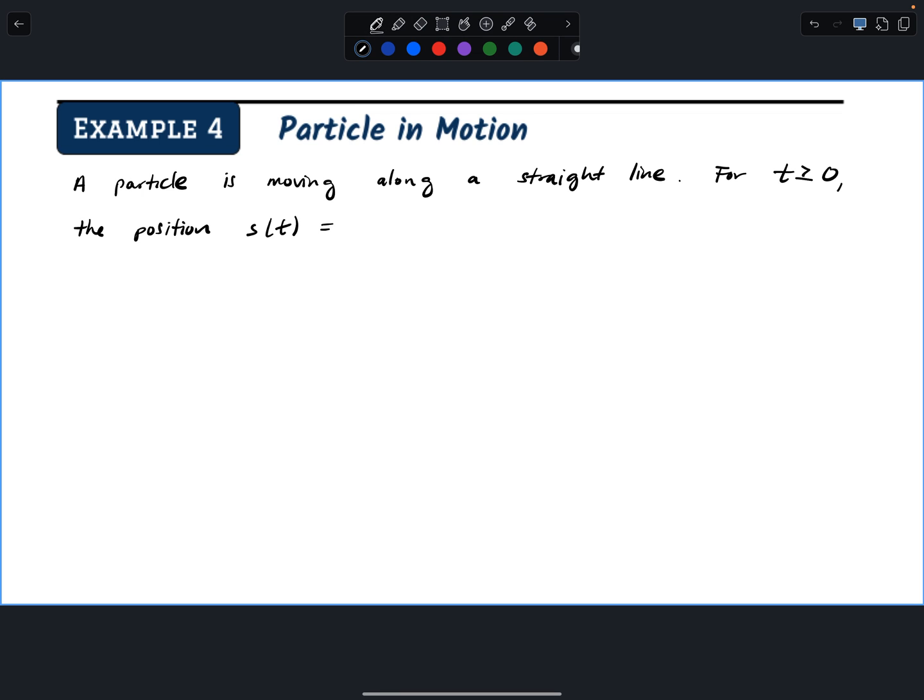This time it's s. t cubed minus 6t squared plus 9t, where t is in seconds and s is in meters.